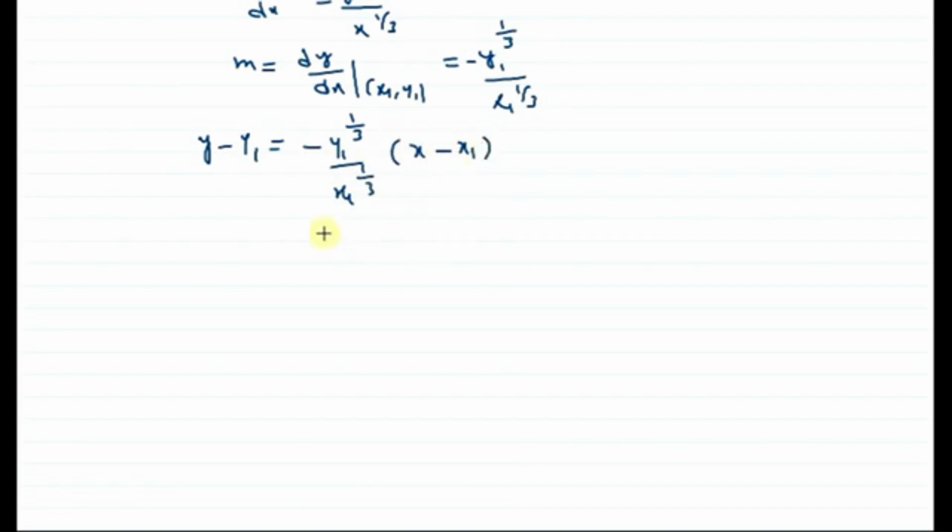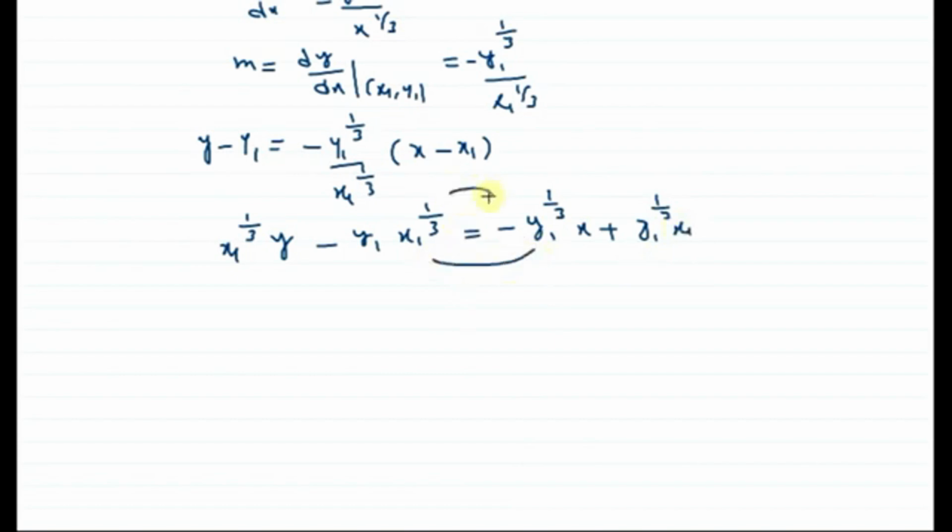On cross multiplication you will get x1 to the power of 1 by 3 into y minus y1 x1 to the power of 1 by 3 is equal to, bringing this term within the bracket, minus y1 to the power of 1 by 3 into x plus y1 to the power of 1 by 3 into x1. So bring this term to this side and this term to this side.